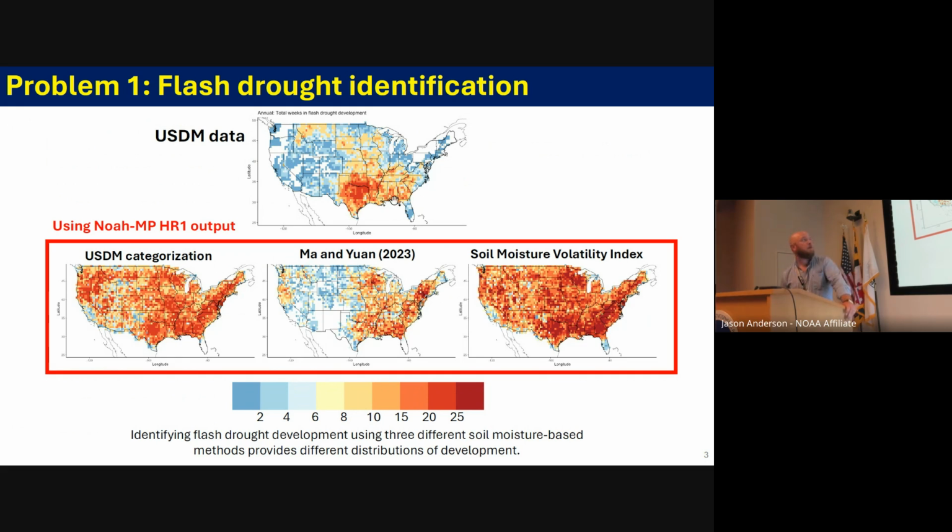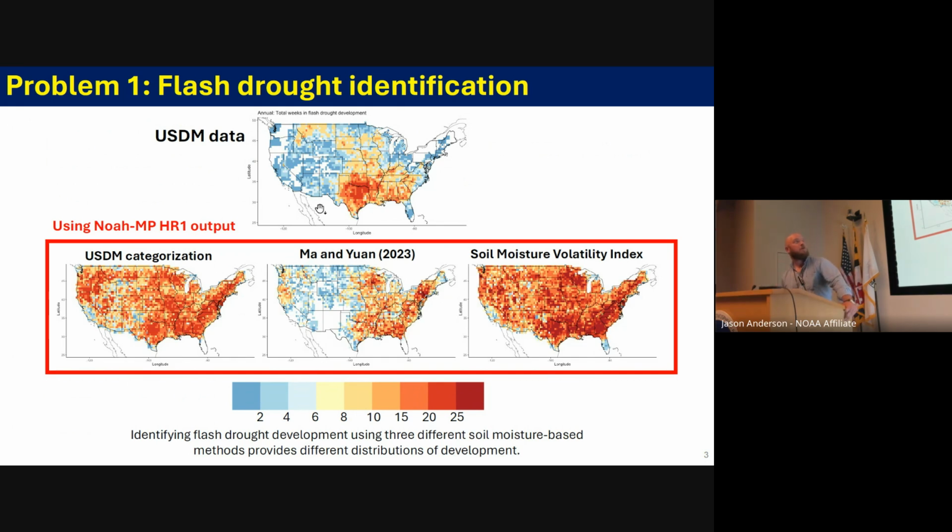But if we use the 3 soil moisture-based methods, we don't see that same pattern. You kind of see it in Yuan, but a hidden feature of this is that the USDM method can also capture something going from a D1 to a D3 or a D2 to a D4, like a rapid intensification of a drought that is already present. Whereas the Yuan method is only capturing development of drought, so it has to go from a non-drought condition to a drought condition.